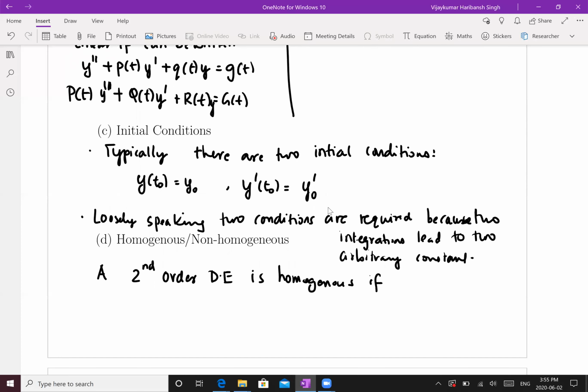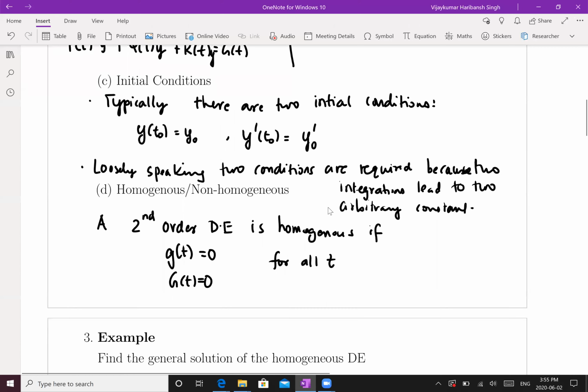So if g of t is a 0 function, or capital G of t is 0 for all t in R, and otherwise it's non-homogeneous. Okay.